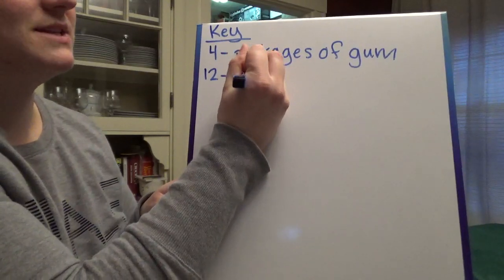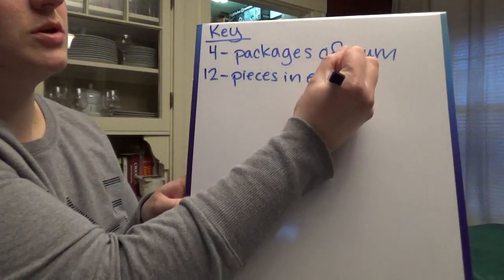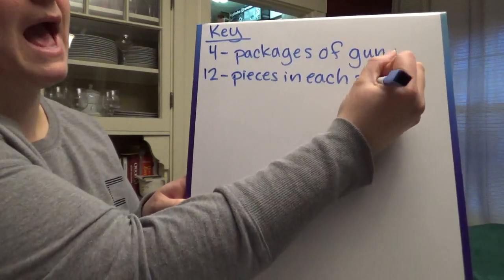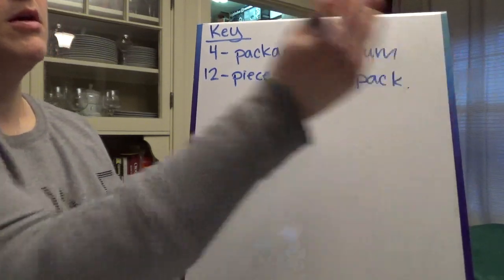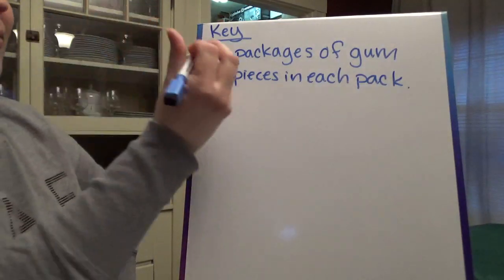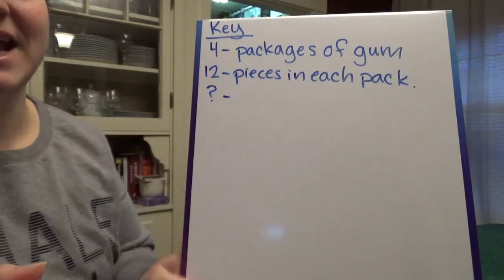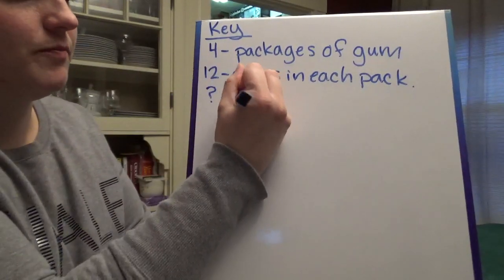So 12 represents the pieces in each. And I'm gonna write pack for short. So this is the information we know. This is what you should have in your key. But we need to figure out the total number of pieces that she has before we can actually answer this question.